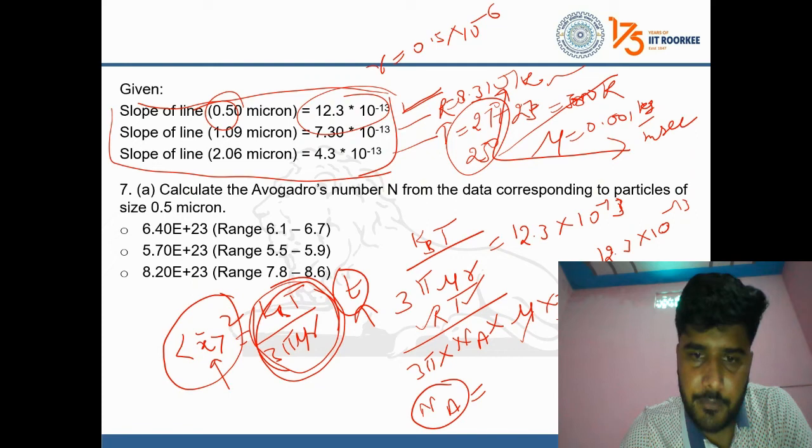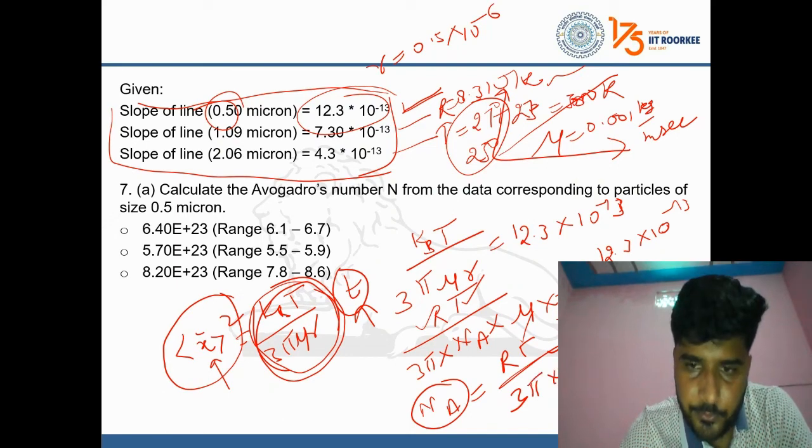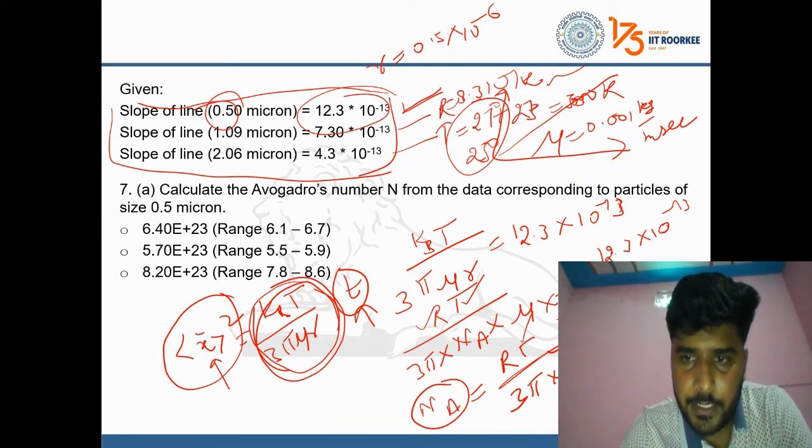So the Avogadro number will be RT divided by 3 pi mu r times 12.3 times 10 raised to minus 13.